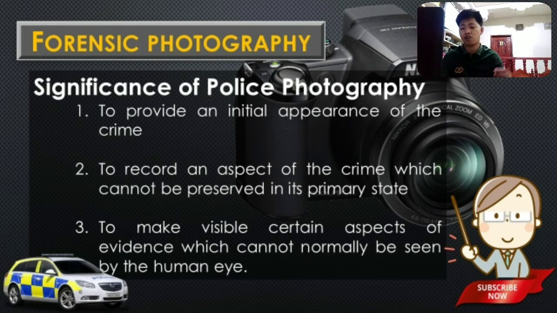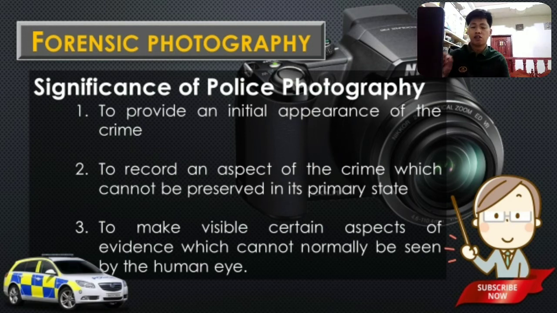Another significance of police photography is that it makes invisible evidence become visible, such as those parts or evidence that are not readily visible to the naked eye, that we cannot see right away unless we look at a specific angle or use specific lighting and so on.